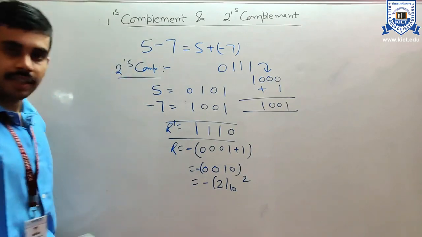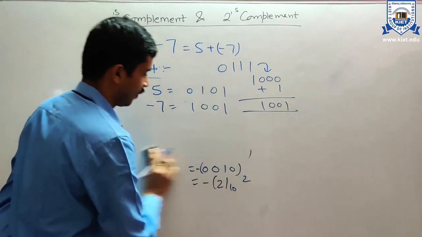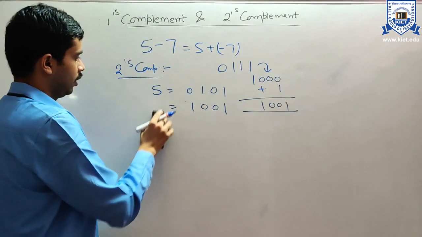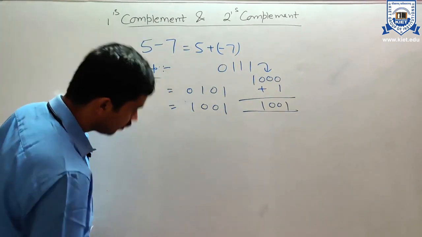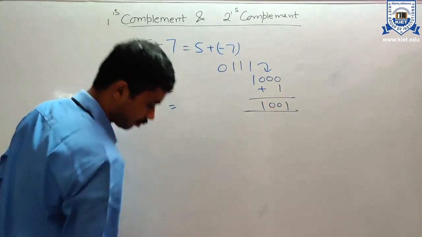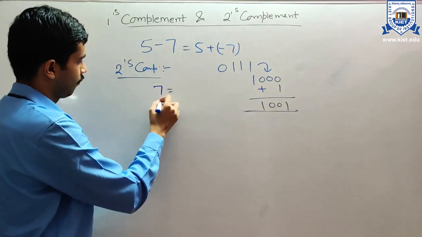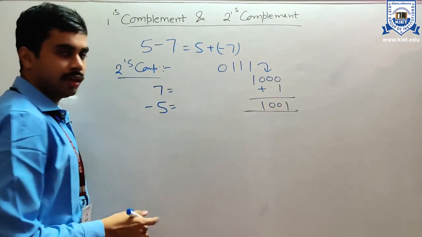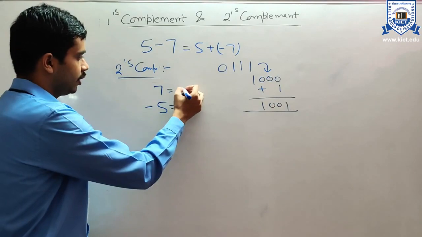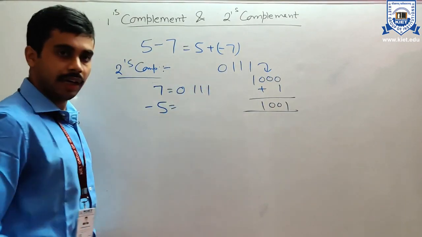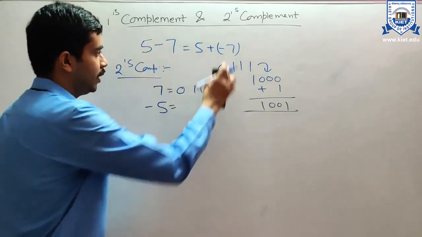Now consider the second case. If we have to perform 7 minus 5, what will we do? That will be 7 plus minus 5. So 7 will be 0 1 1 1 and 5 will be the 2's complement of plus 5.